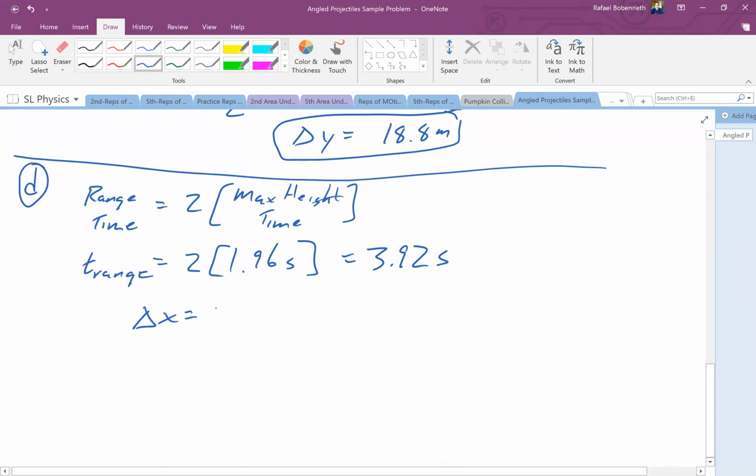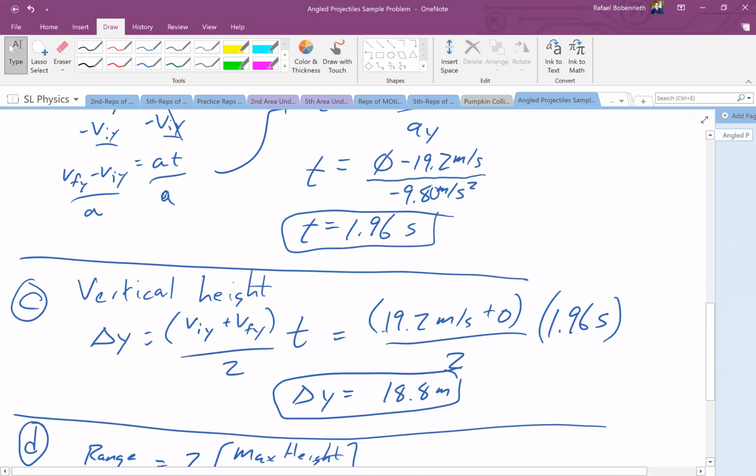So delta x equals vix plus vfx, initial velocity in the x direction plus final velocity in the x direction, divided by 2, times the t range. If I want to be super explicit, I could just say delta x range, just to make sure people understand. Okay, so the range is going to equal, now here we have to remember what's the initial velocity horizontally.